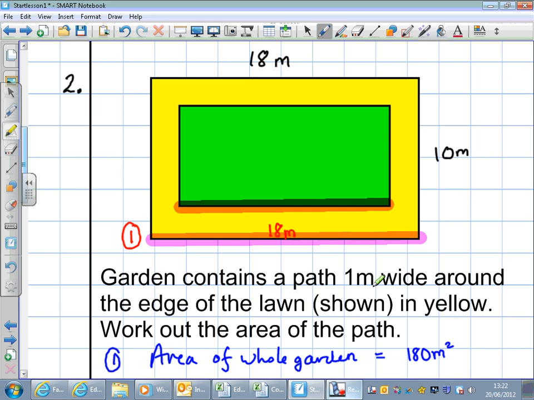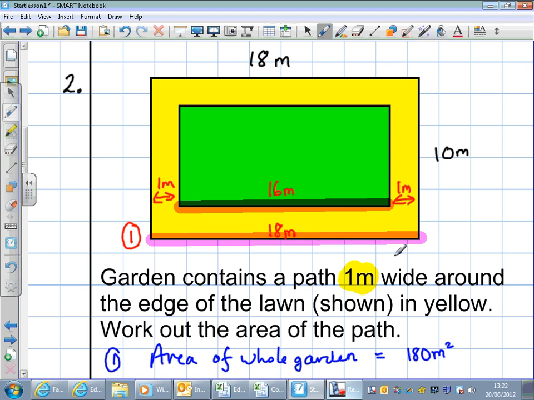Well, the key is here, that the path is 1 meter wide. So that means this bit here is 1 meter, and this bit here is 1 metre. So the base, the length of the lawn, is 18. Take away the 2 widths of the path to give me 16 metres.